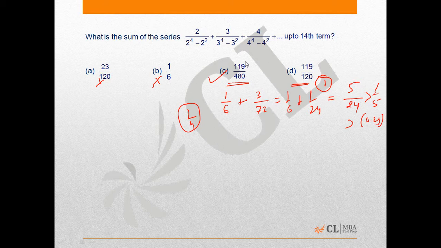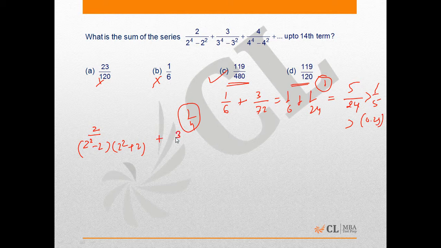Now coming to the proper method, here first term is 2 upon 2 raised to power 4 minus 2 raised to power 2. This can be written as 2 raised to power 2 minus 2 into 2 raised to power 2 plus 2.